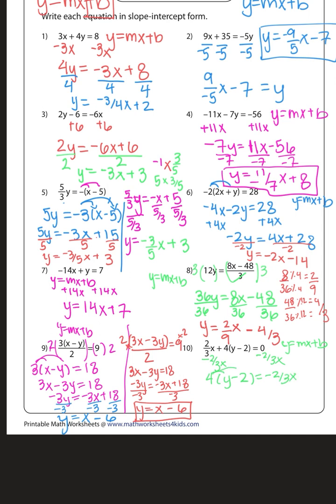Now let's distribute. So we get 4y minus 8 is equal to negative 2/3 x. Next, let's add 8, and we get 4y is equal to negative 2/3 x plus 8.